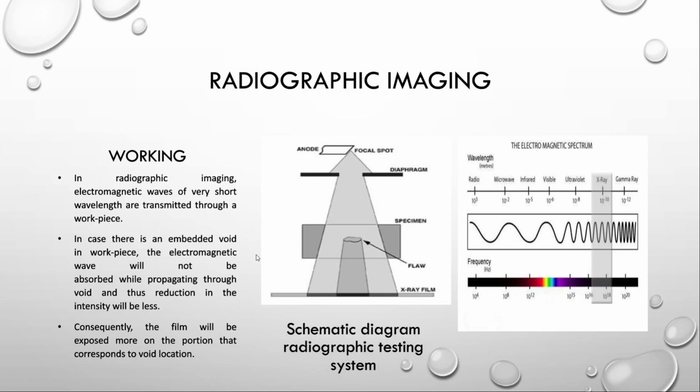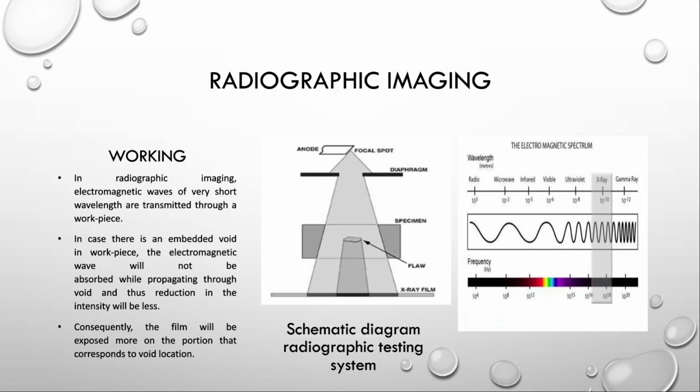Here you can see the schematic diagram of radiography, and you can pause the video and read about it if you want. Anyway, I will explain a bit what is happening here. There are two electrodes, cathode and anode. At the anode, electrons strike, and that point is called the focal point. From there, X-rays originate, and they strike our component.